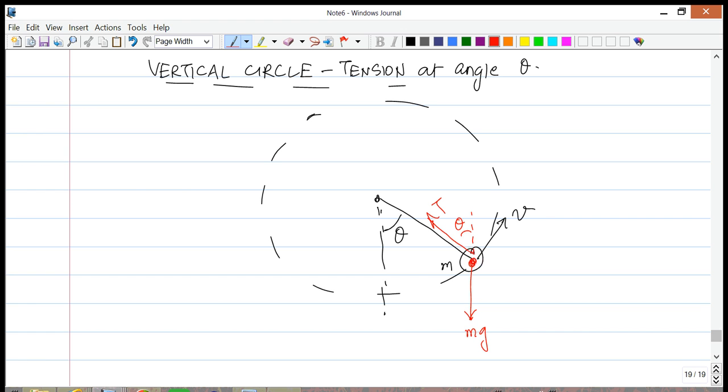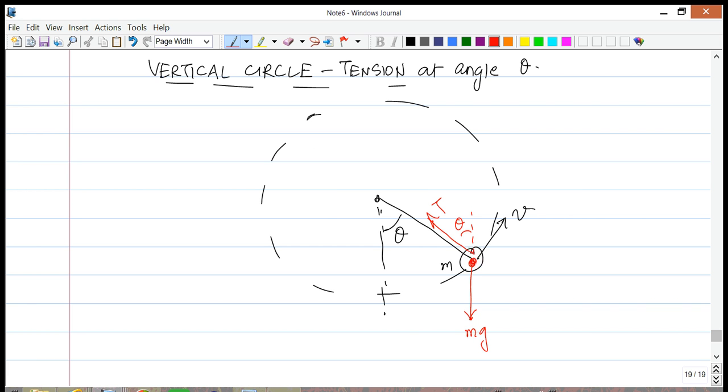Now, if you look at the problem, there are going to be forces along the tangent. In fact, the only force that contributes to any force along the tangent is going to be the force of gravity. There's going to be a component of gravity along the tangent. We'll try to figure that out. But we also have the centripetal force, which is simply due to the fact that the object is moving in a circle, and at this instant it has a speed v.